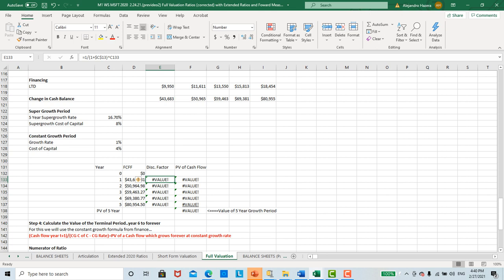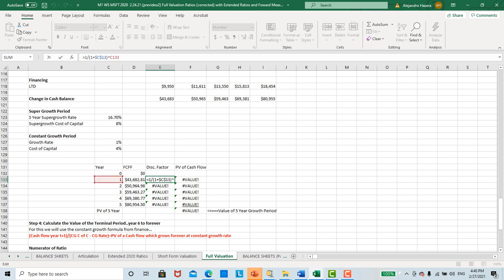Now the discount factor, let's see what we've got here. It refers to another sheet, but what we need to do is refer to the growth cost of capital, which is cell C13, way up top.